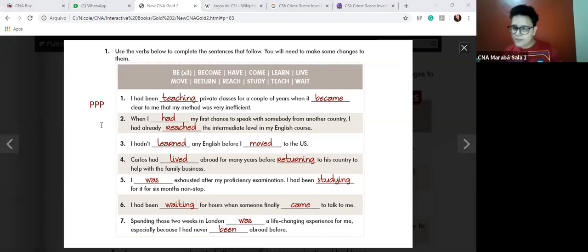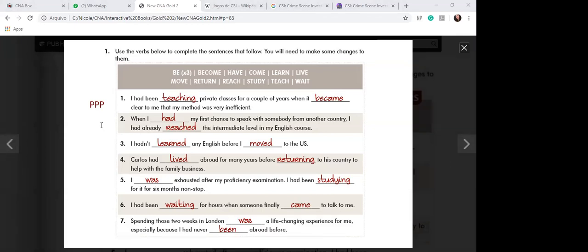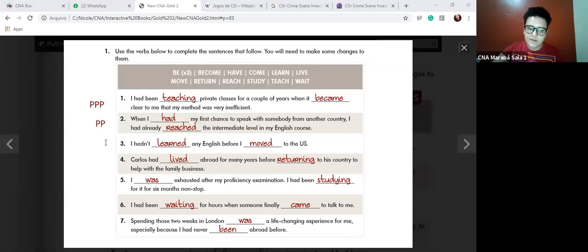Number 2, can you read, please, Mateus Naubrich? Okay. When I had my first chance to speak with somebody from another country, I had already researched the intermediate level in my English course. Okay, this is the past perfect.